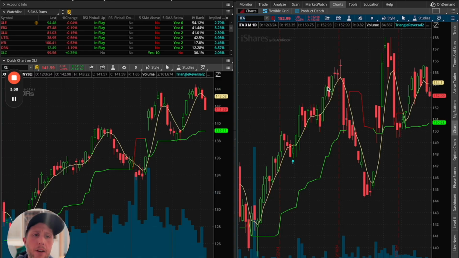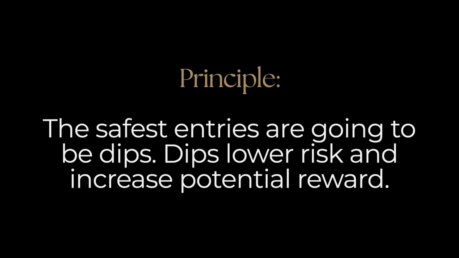Now, if you have followed me for long or you've watched any of our videos, you've heard me say a lot that the safest entry is going to be a dip. If you're looking at a trend, the safest entry is going to be a dip down to the trend line. The safest entry on a breakout is going to be right at the breakout.